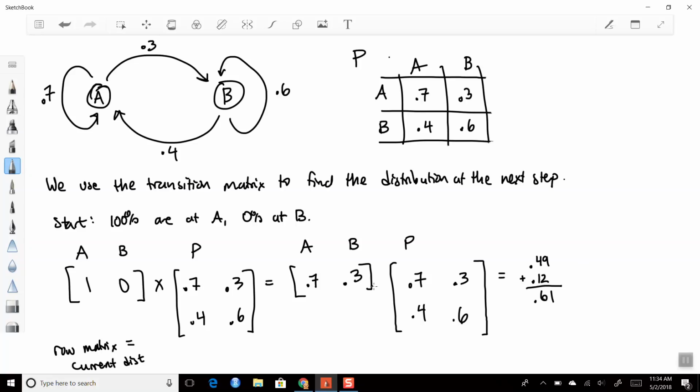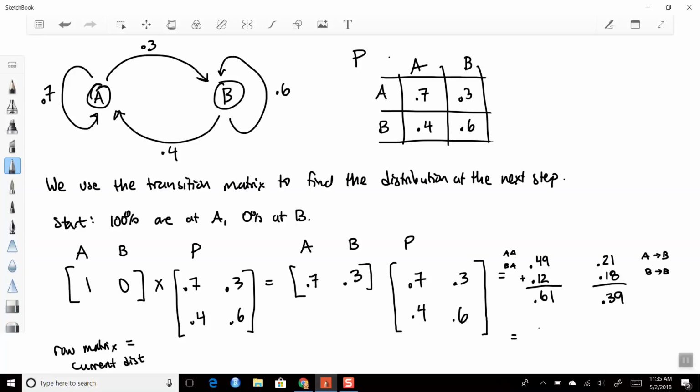And then over here, who's going to end up at B? Well, I've got 70% at A, and of that 70%, 30%, for a total of 0.21, will go from A to B. So this is A to A and B to A, and this is A to B, and this will be B to B. Then I've got 30% at B, and of that 30%, 60%, for a total of 18%, will remain at B, so I have a total of 0.39.